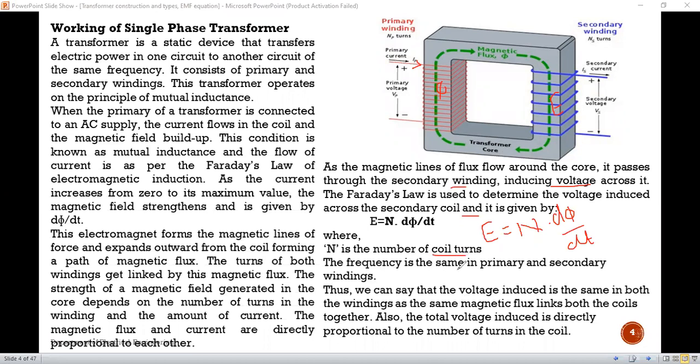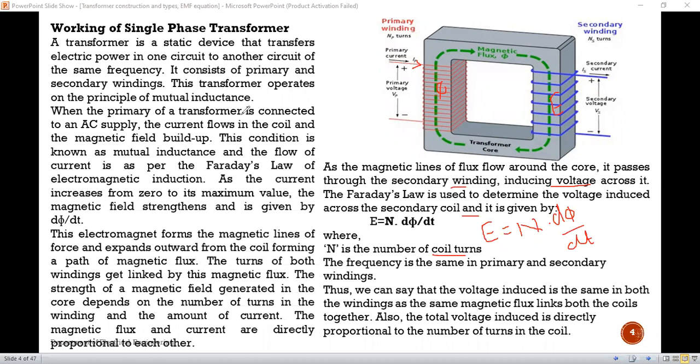The frequency is the same in the primary and secondary winding, because you people know the definition is that it is a static device. It can transfer the power from one circuit to another circuit with the change in its voltage and current, but without change in its frequency, so that frequency remains the same in primary as well as secondary.